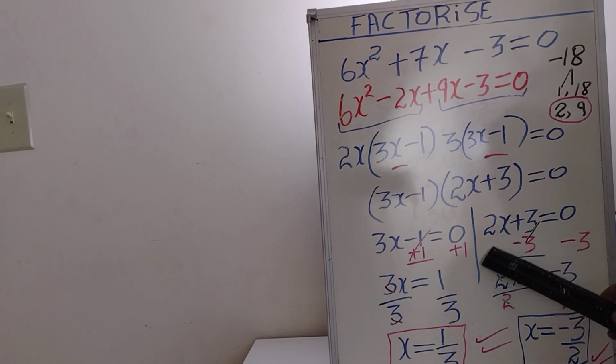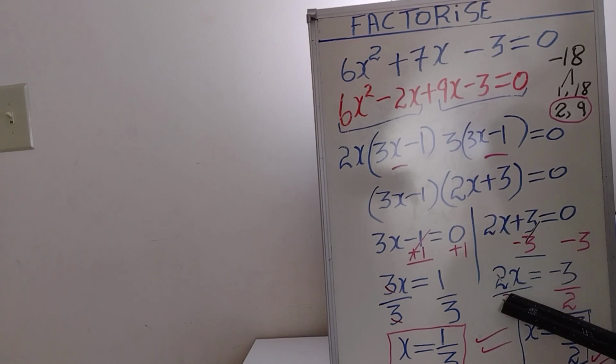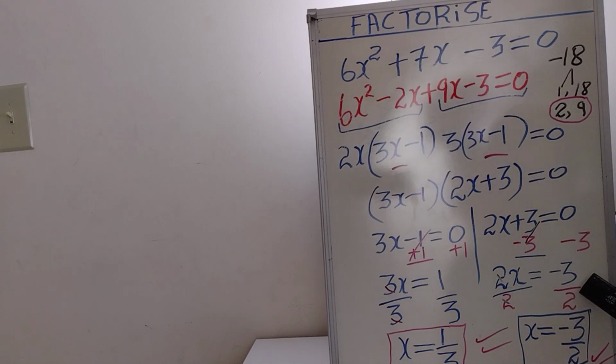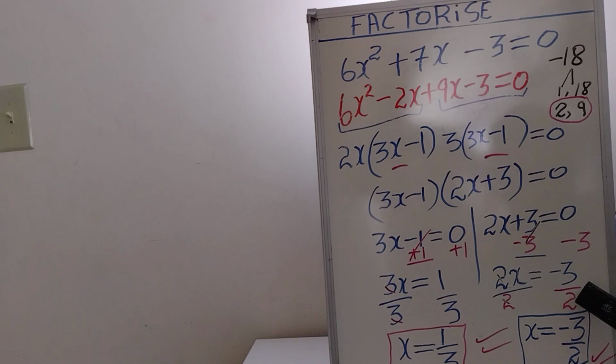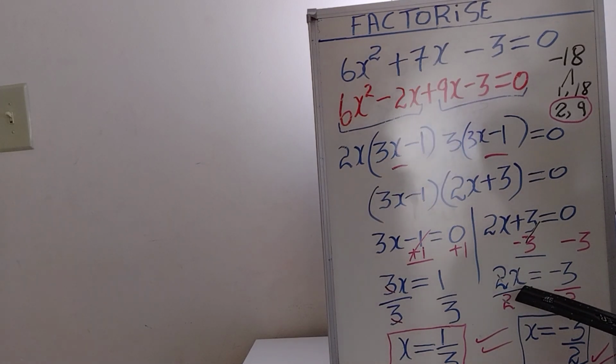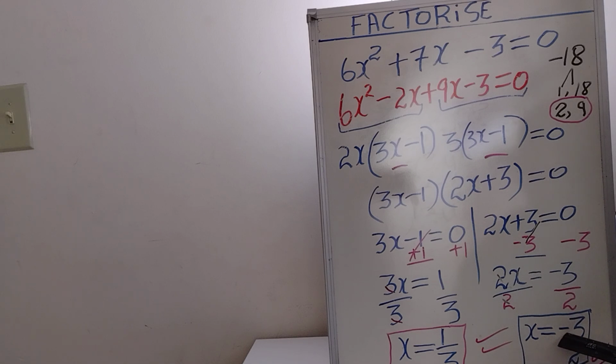Then we bring the 2x down here, divide by 2, and 2 divided by 2 is 1, and x will be isolated. It will be negative 3 over 2. Finally, our final answer will be x is equal to negative 3 over 2.